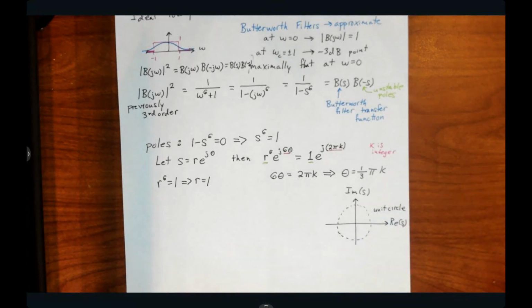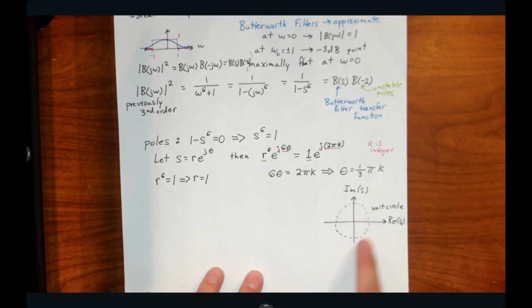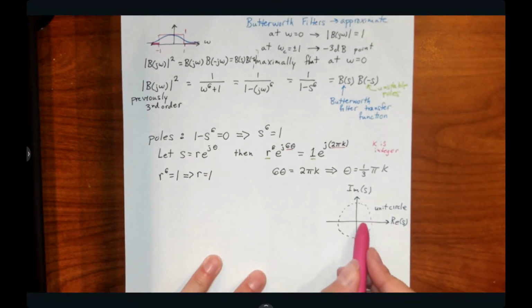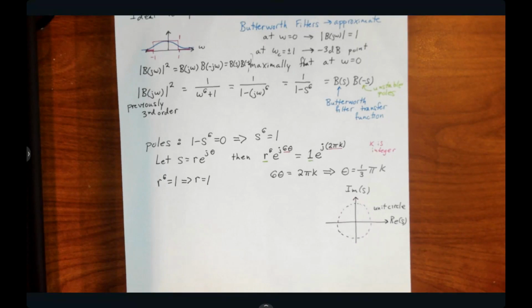This is something that we're going to see anytime that we have this omega c equal to 1 when we're looking for these poles, that they're all going to end up on this unit circle with this magnitude of 1. So now if we look at the theta, if you recall, we're expressing in polar form, the r tells us the magnitude, and then theta tells us this angle here.